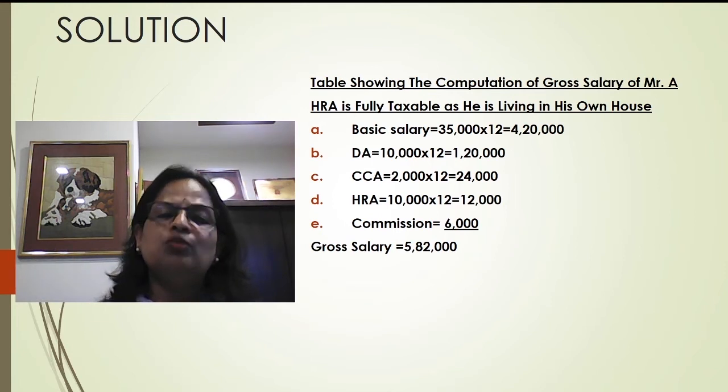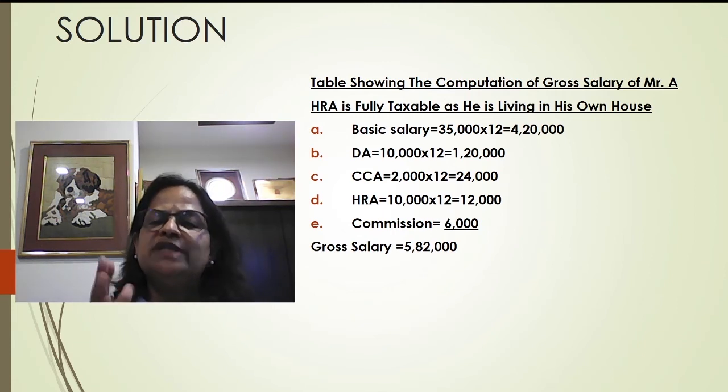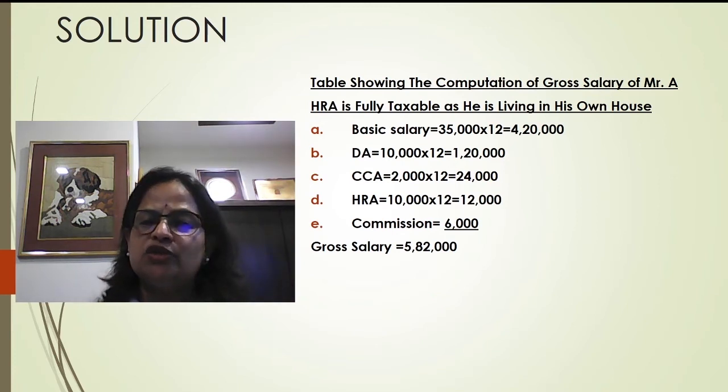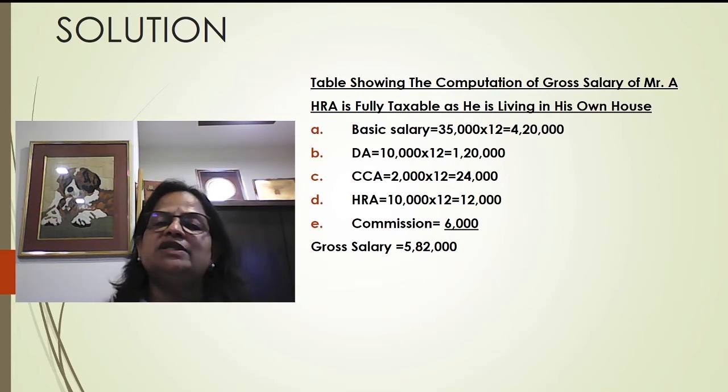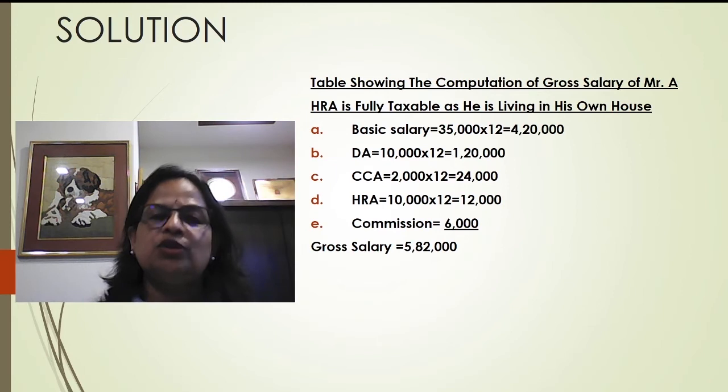If I work in Tumkur, I will not get the city compensatory allowance, because the cost of living is less in Tumkur. So CCA, if you are working in a city, you will get. Here in this question, you are getting 2,000 into 12, 24,000. So HRA fully taxable, because he is living in his own house. 10,000 into 12 is equal to 1,20,000. Commission is 6,000. So gross salary 5,82,000.